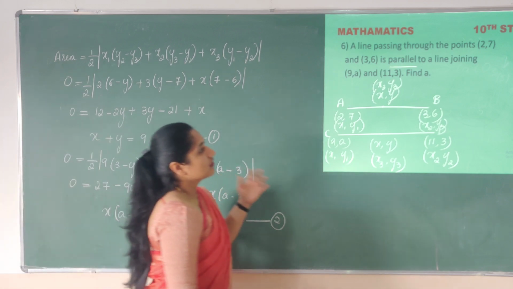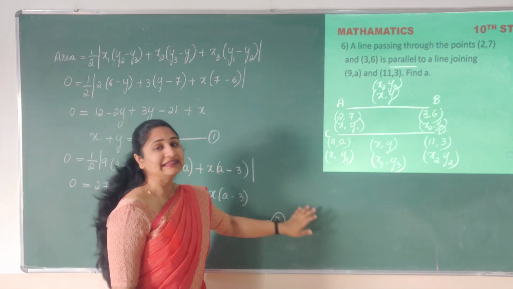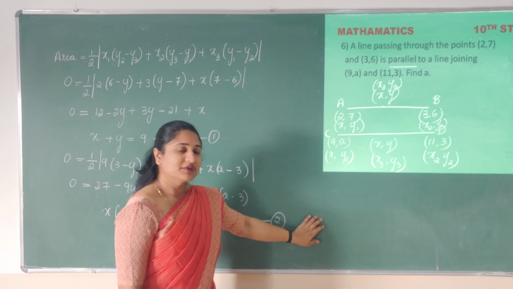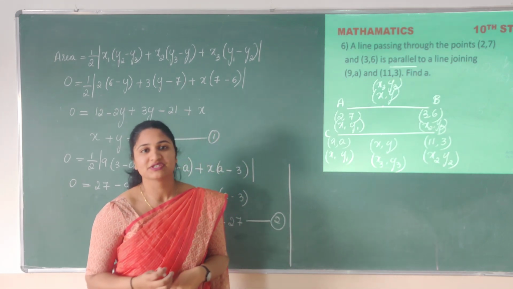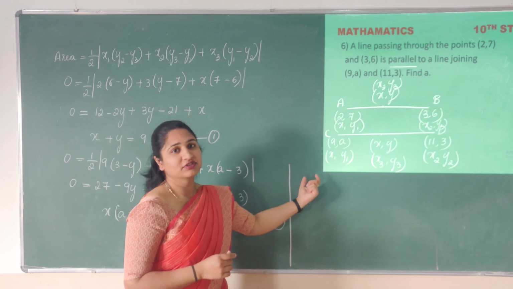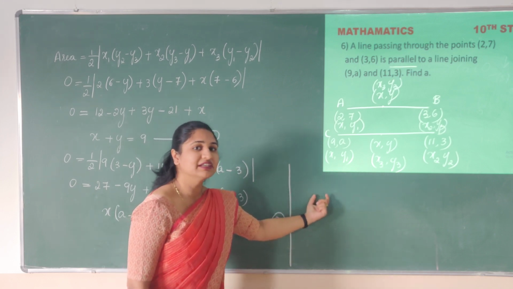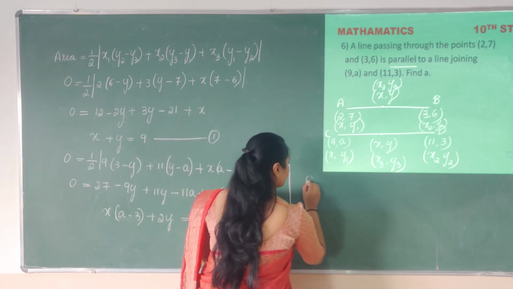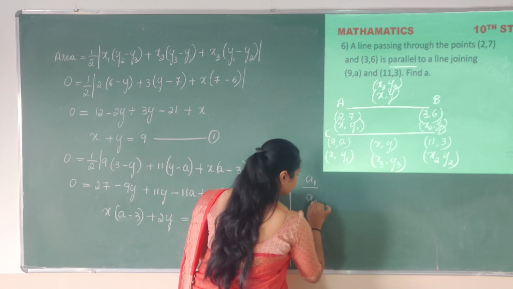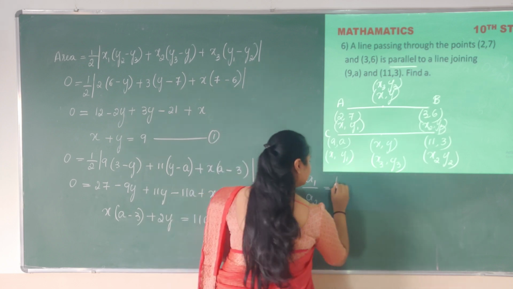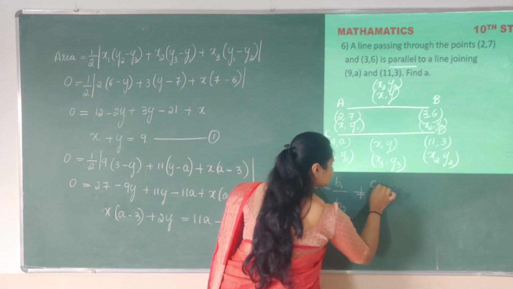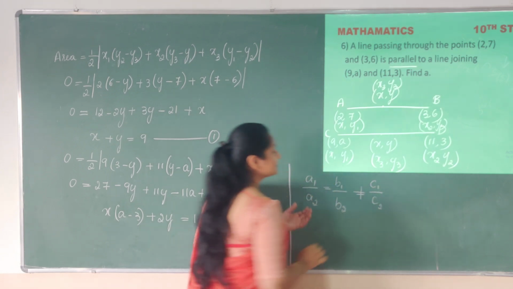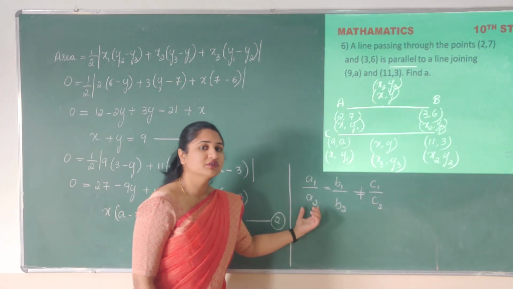Now we'll get into the concept of parallel lines. In pair of linear equations, it is clearly mentioned that if there are two equations, the condition for the lines to be parallel is a1 by a2 equals b1 by b2, which should not be equal to c1 by c2. This is the condition for any two lines to be parallel.